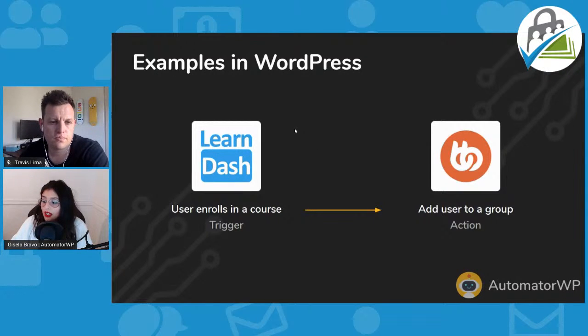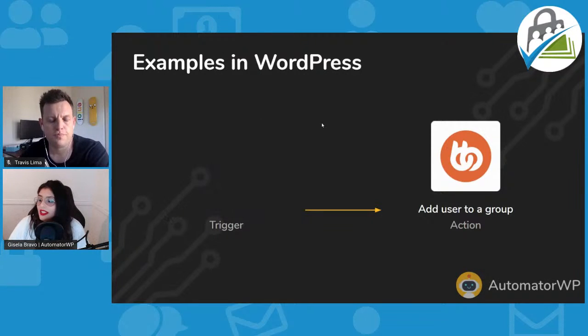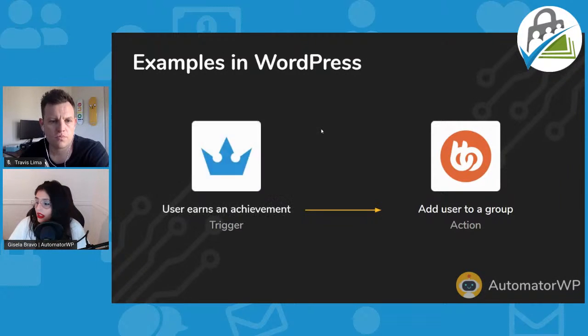So with Automator WP, what we can do is, when a user enrolls in that course, automatically this user is added to that group. Okay, this is just one example.